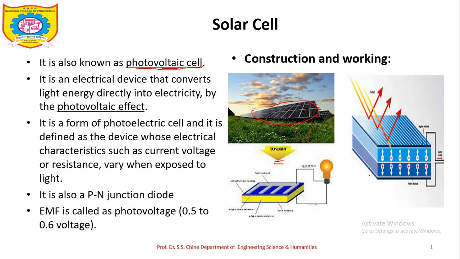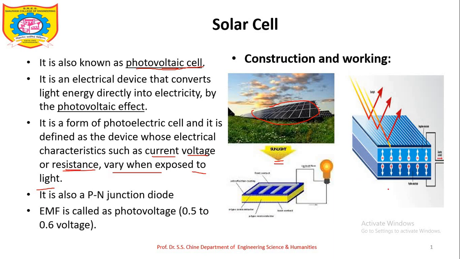So what is the photovoltaic effect? A photovoltaic cell is an electrical device which converts light energy directly into electricity. It is a form of photoelectric cell, defined as a device whose electrical characteristics such as current, voltage or resistance vary when exposed to light.